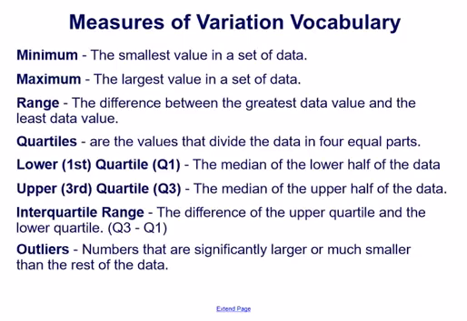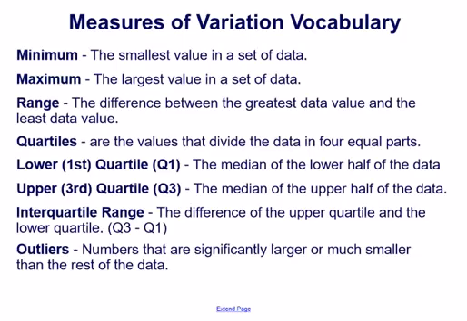Then you have your interquartile range, which is the difference of the upper quartile and the lower quartile. So you subtract Q1 from Q3. And then you have your outliers. Outliers are numbers that are significantly larger or much smaller than the rest of the data.